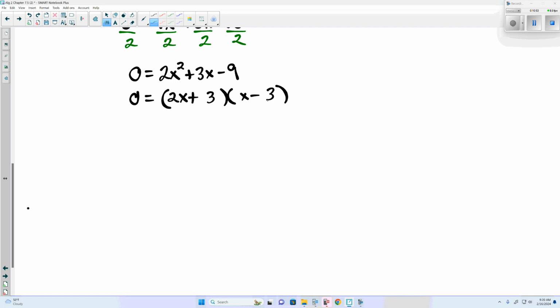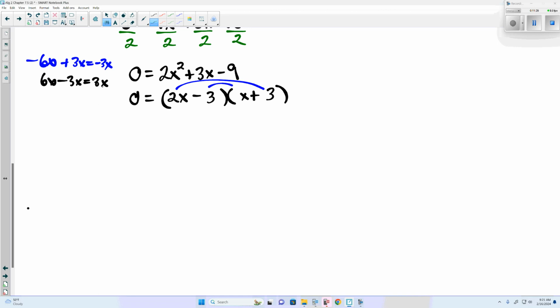I have a feeling that we're going to have to make a change to this setup because 2x times negative 3 is negative 6x. 3 times x is plus 3x. So we need to switch the signs. Luckily, the only one that we really have to change is the addition sign, because changing a minus to a plus is just adding one line. Because that would give us 6x minus 3x, giving us positive 3x. Questions on this here?